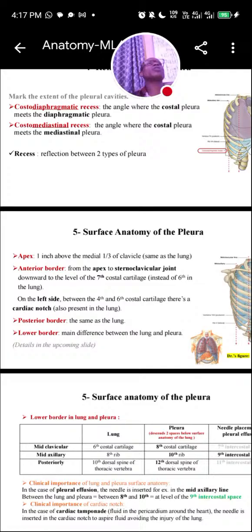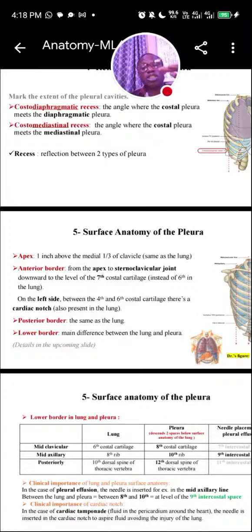And then, so we've talked about surface anatomy and how important it is in needle insertion, tracing the pleura from the rib, mid-clavicular, mid-axillary, or tracing it from posterior, or tracing it with the intercostal space, either the 7th, the 9th or the 11th.